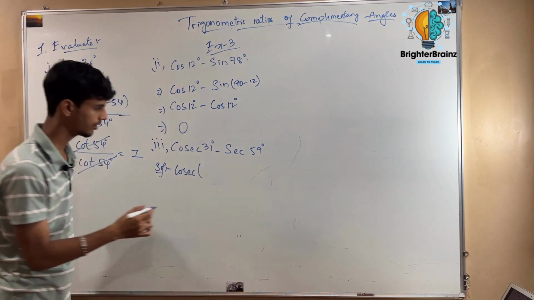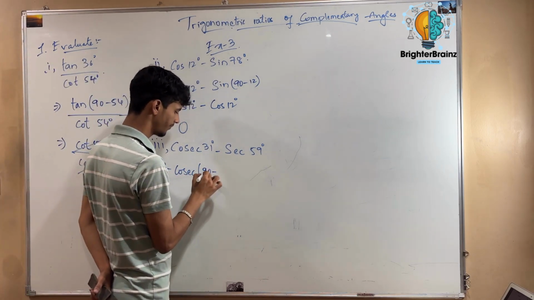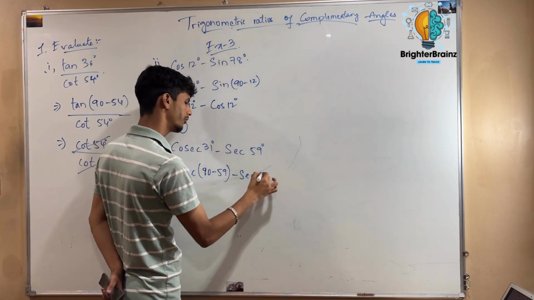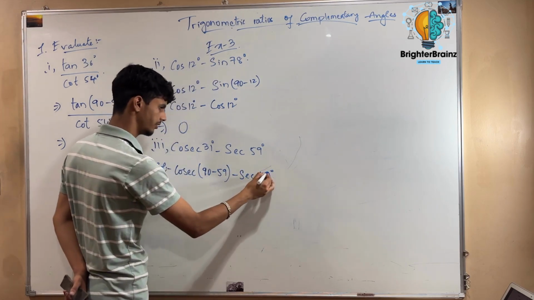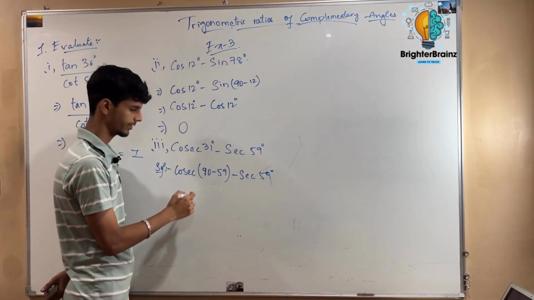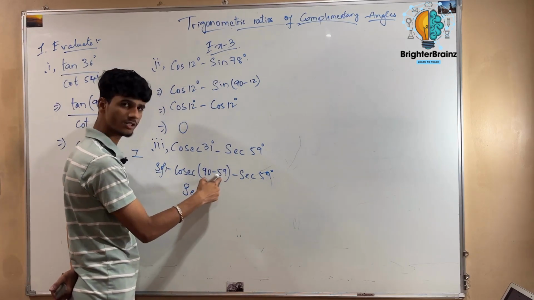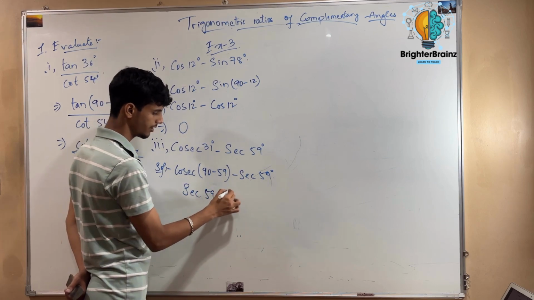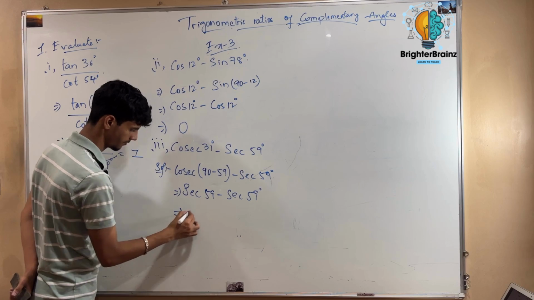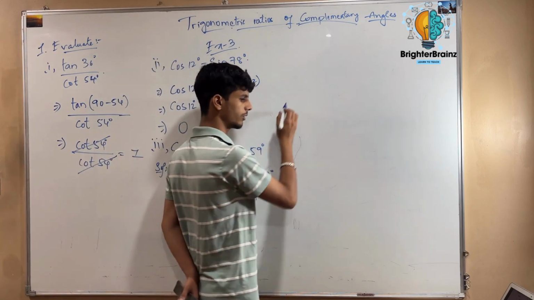Split it: 90 minus 59 degrees, minus secant 59 degrees. Now cosecant 90 minus x becomes secant x, which is 59 here. Secant 59 minus secant 59 becomes 0. Very good.